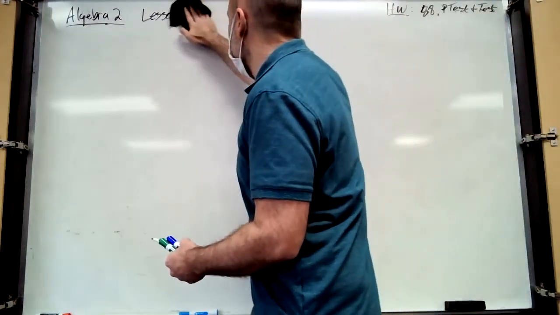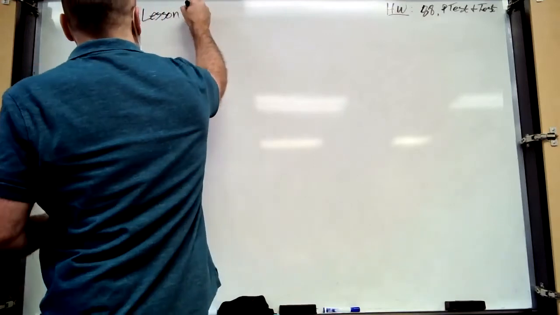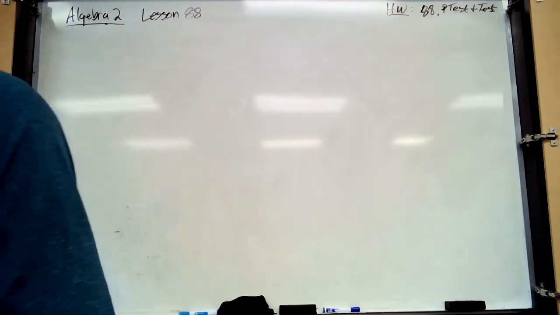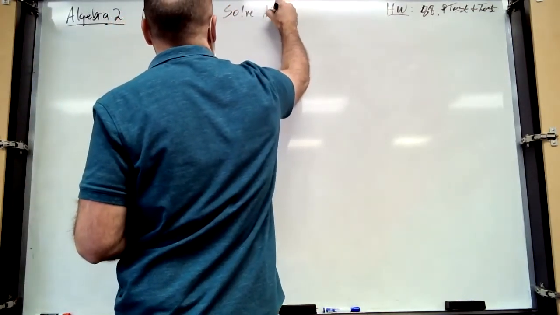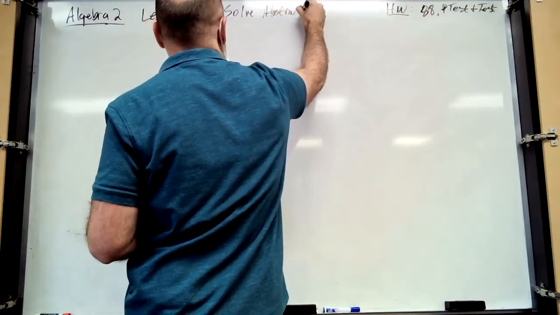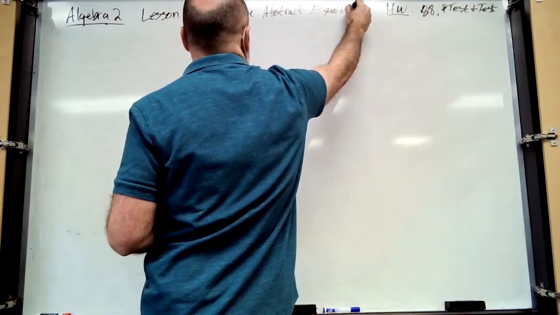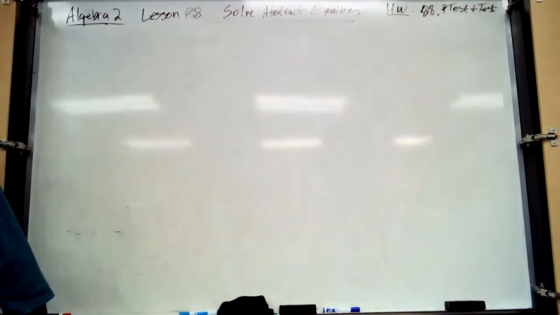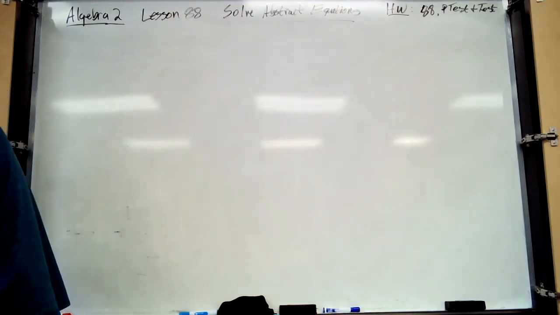Okay, so 88. Here we go. We're going to solve abstract equations. We did this in Algebra 1. Abstract equations just means more than one variable. Okay, they make it sound confusing when they say abstract, but it's really not that confusing.